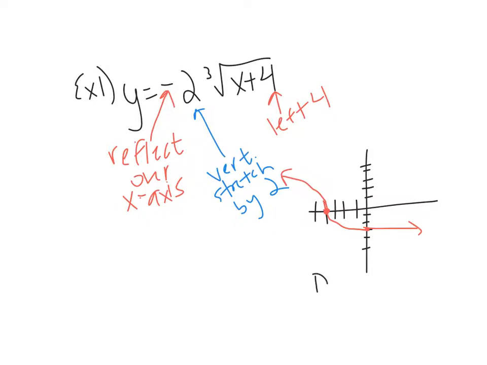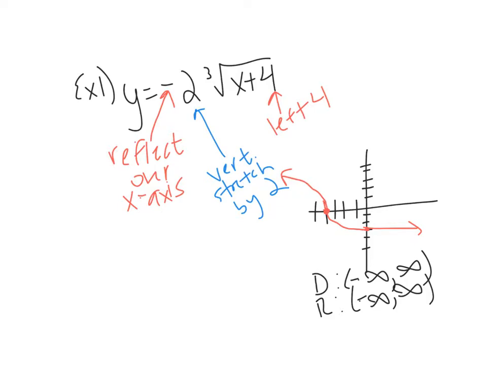No, unless we have a real world problem. So domain is still -infinity to infinity. Range is still -infinity to infinity. But notice our x and our y intercepts did change. Okay, our x-intercept is -4, our y-intercept is 0, -3. But transformation rules, they don't change, they stay the same.